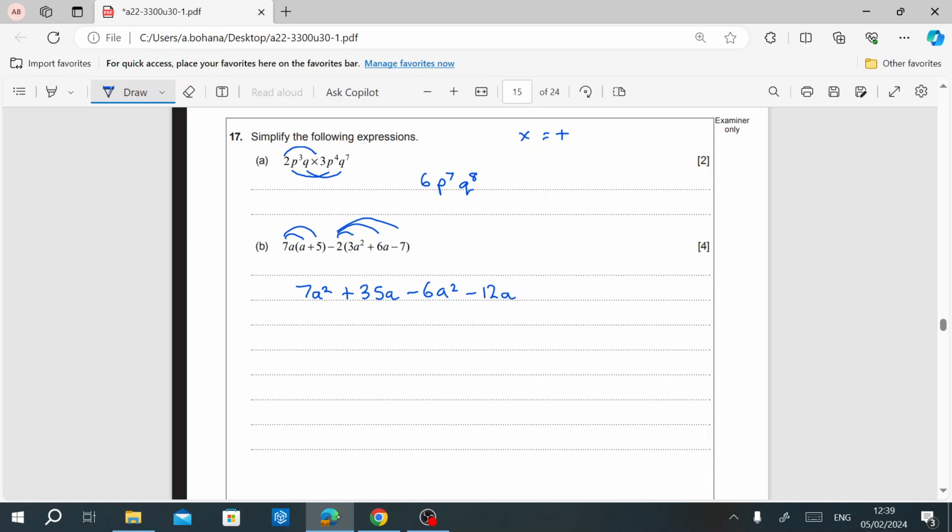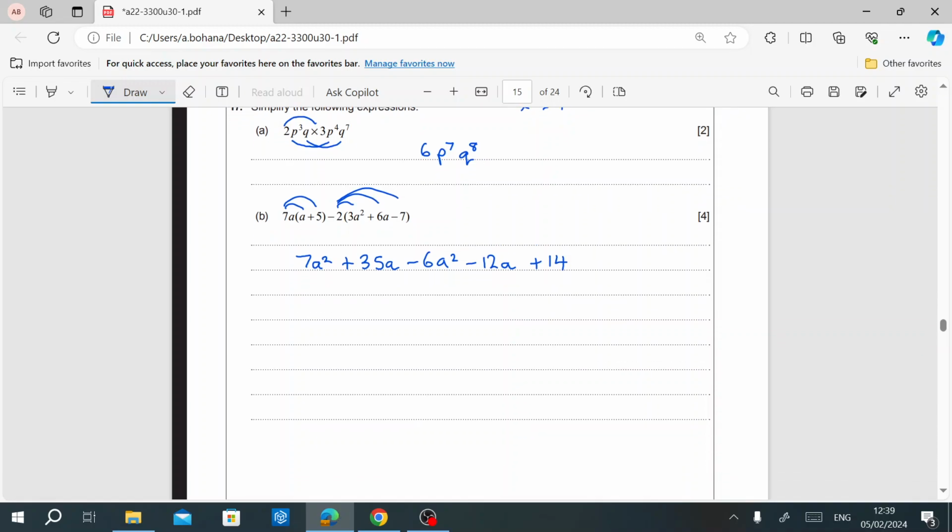Minus 2 times minus 7 is 14. Now, to simplify the whole thing, 7a squared, take away 6a squared is a squared. 35a, take away 12a is 23a. And then 14, it's on its own there. And there's your answer there, okay, for 4 marks. So that's quite a nice question, actually.